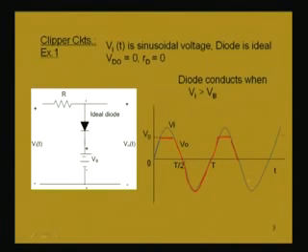You just note here that the upper portion of the input voltage is now clipped. We are getting an output voltage V naught which is like this. So, this portion is just clipped away from the input voltage. This is a very simple example of a clipper circuit.